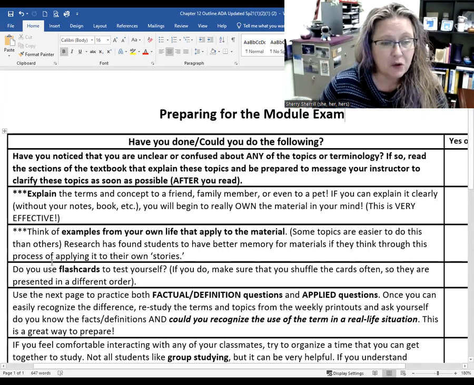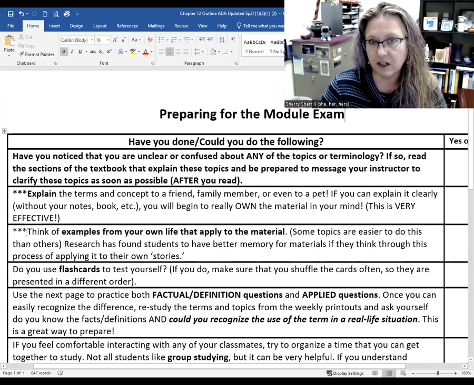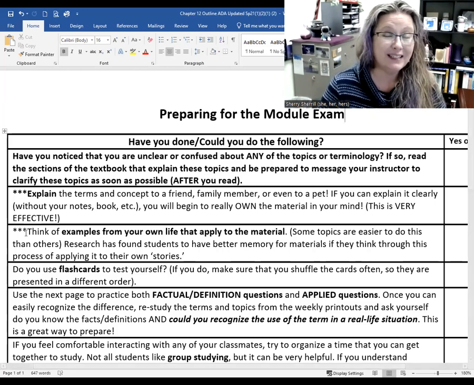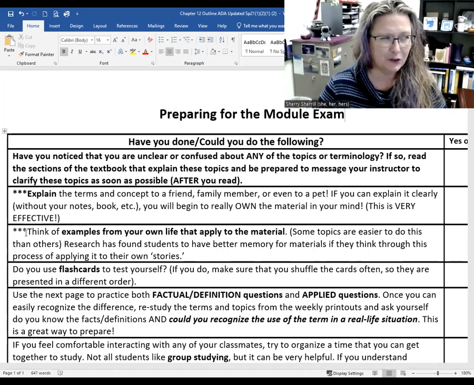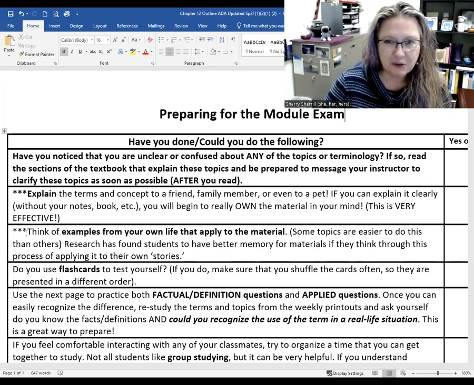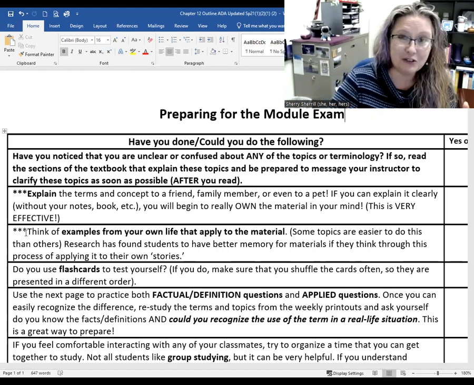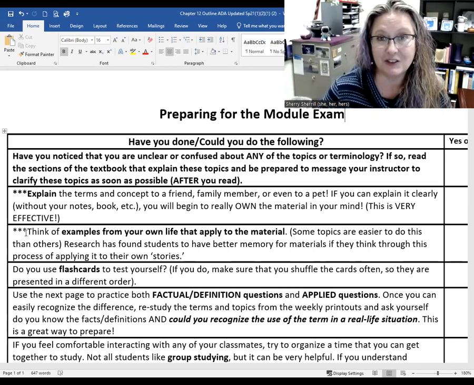Another one that I have asterisks, and some material will be easier than others: try to come up with examples from your own life experiences. So for instance, our chapter on research in general psychology, or the history of general psychology, it's kind of hard to come up with personal experiences of that.